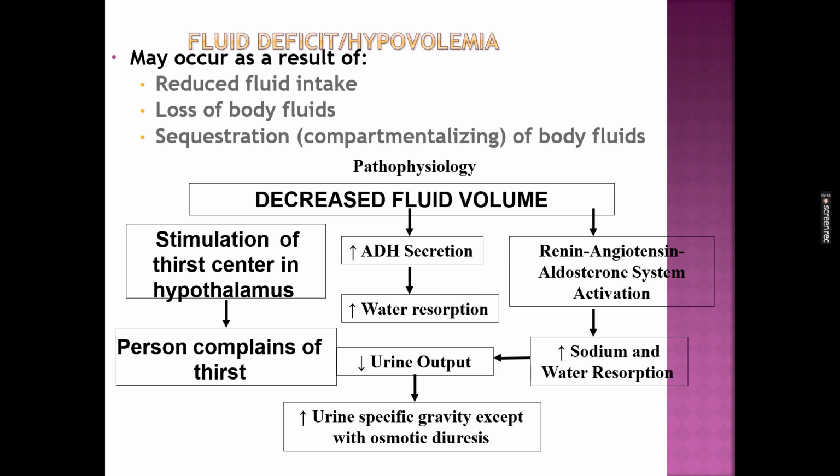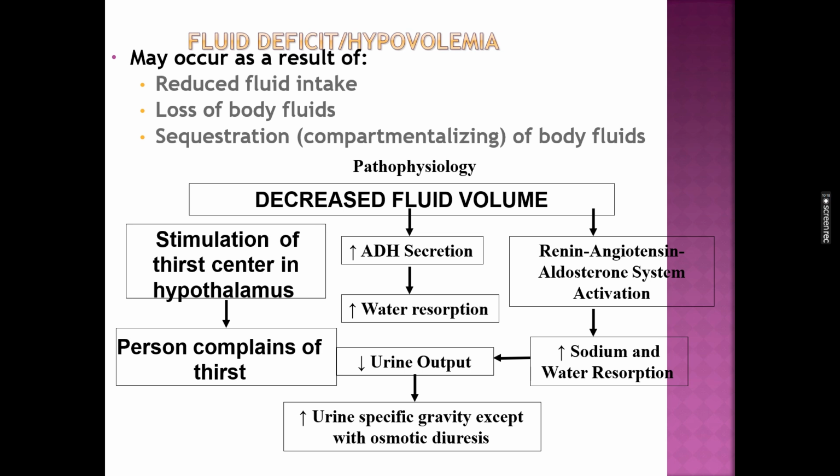It is an enzyme that converts angiotensinogen into angiotensin. Angiotensinogen is produced by the liver, and it is converted into angiotensin 1 by the renin. Then angiotensin 1 is converted into angiotensin 2, specifically in the lungs.